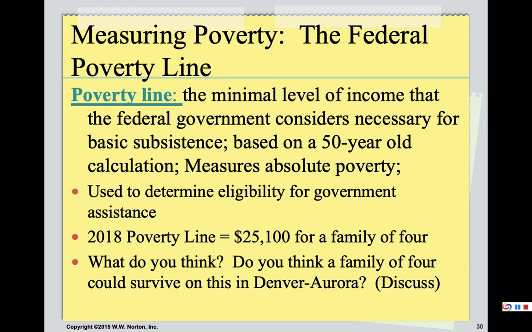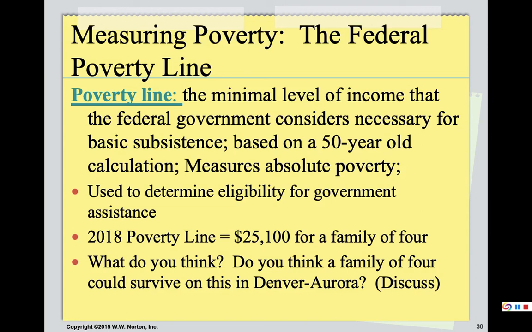So the problem with this measure is that it doesn't take into account the cost of inflation on housing, and it doesn't differentiate between the cost of rent, food, etc. in Denver compared with rural Minnesota, which we know would be much less expensive. So this might be enough for some people depending on where you live, but it's certainly not enough to sustain yourself in Denver, Aurora. Okay, hopefully that made sense.